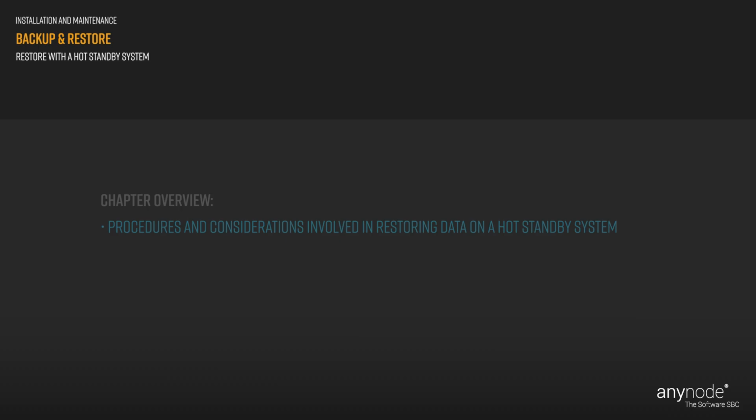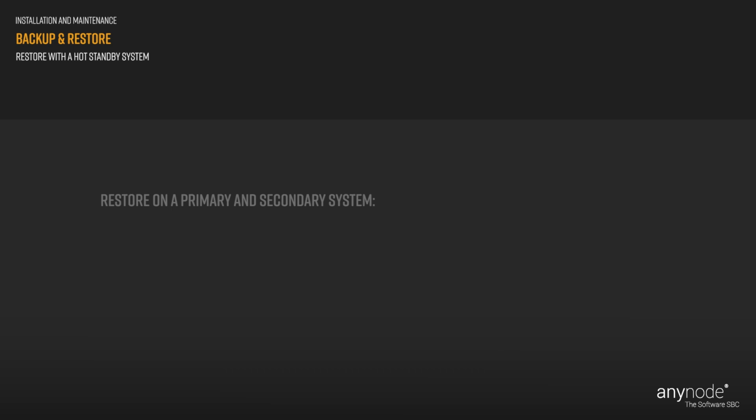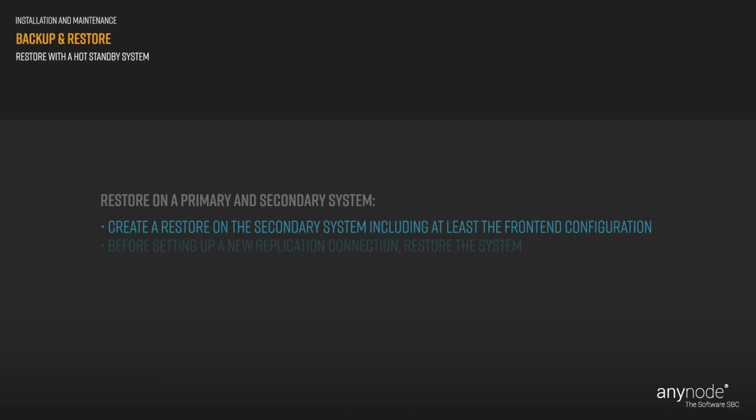Restore with a hot standby system. In this chapter, we will delve into the procedures and considerations involved in restoring data on a hot standby system. Restore on a primary and secondary system. Create a restore on the secondary system as described previously, ensuring that it includes at least the front-end configuration.